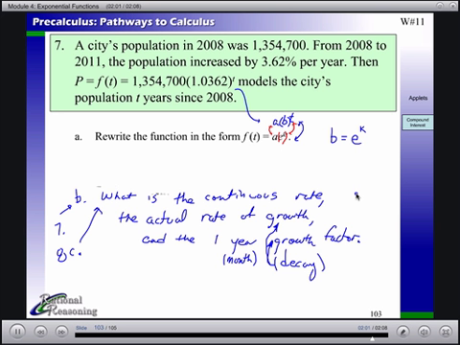What is the continuous rate? b is not a rate.